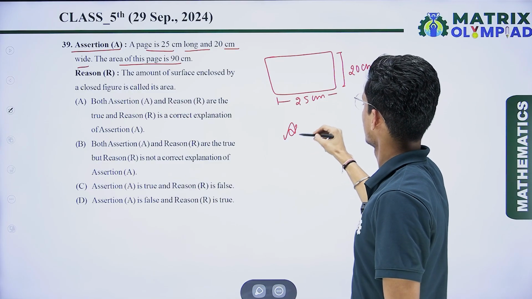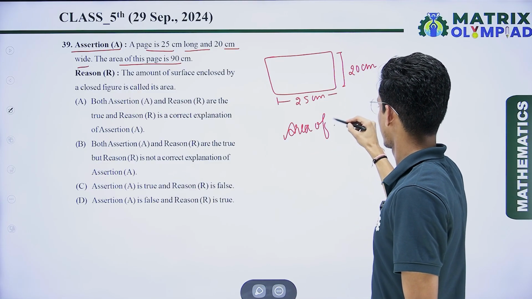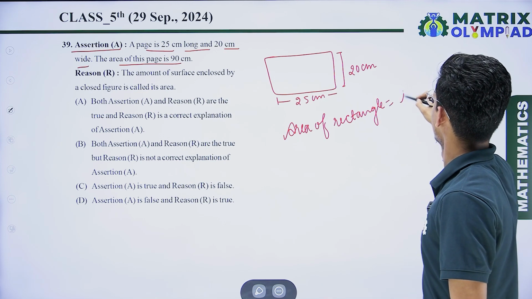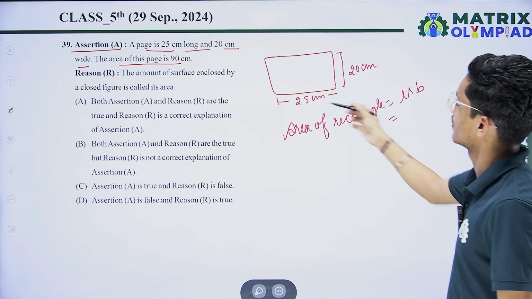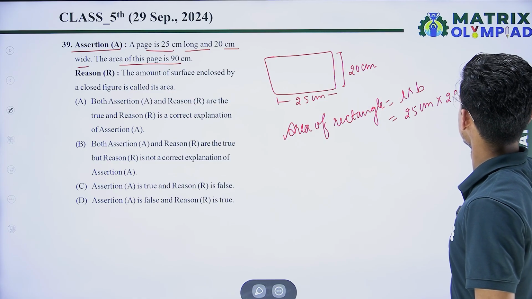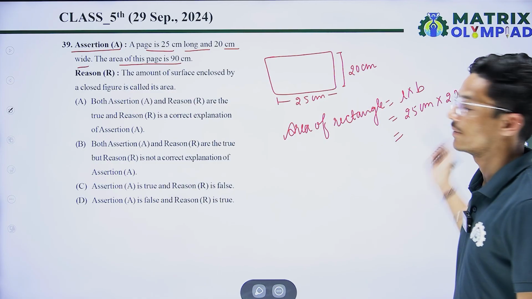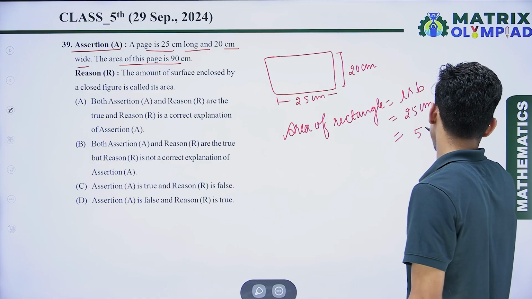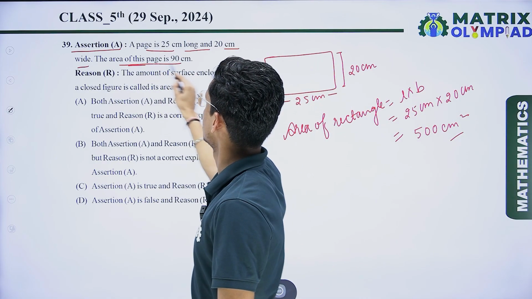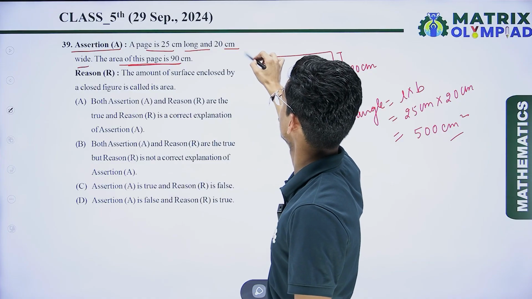So area of rectangle, that is length multiply breadth. If I multiply 25 multiply by 20, then I get 500 centimeter square. But in assertion we have given area, that is 90 centimeter. So we can say that assertion is false.